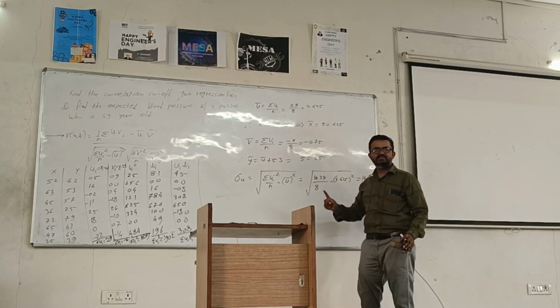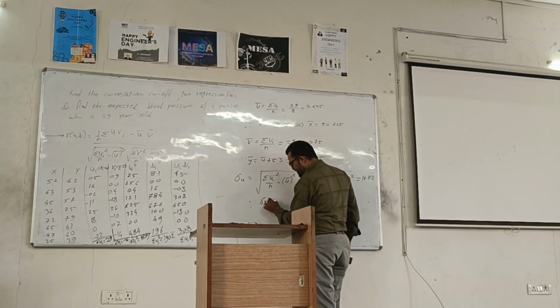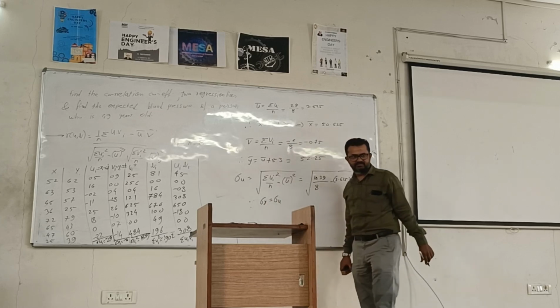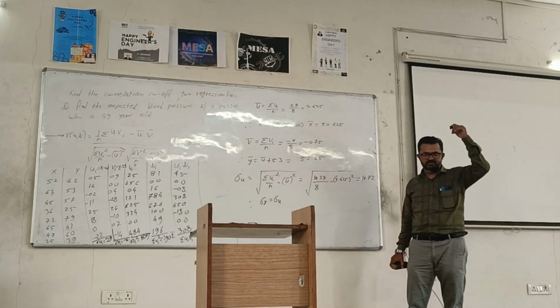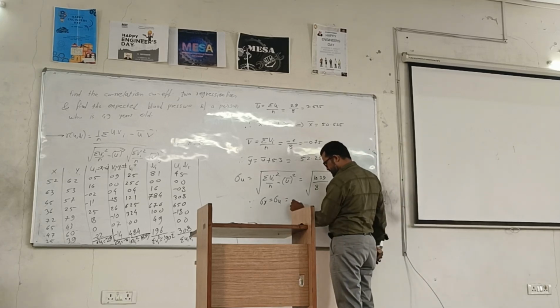Now what is the relation between sigma u and sigma x? Since x equals u plus a, we have seen it, we have written it earlier when we started, right. That is nothing but sigma x is also 14.72.